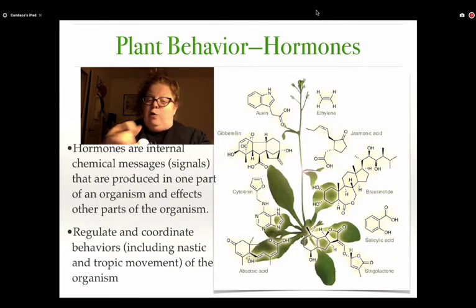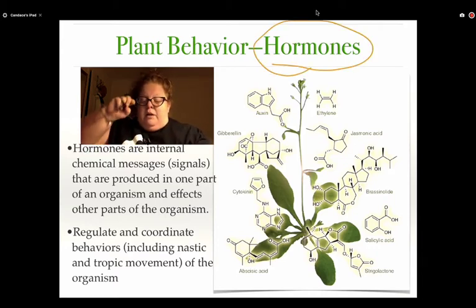And so on the note of those chemicals, we're going to talk about what leads to some of these plant behaviors that we've been discussing. And those are hormones. Hormones exist not just in plants, but in all kinds of living things, and essentially they're an internal chemical signal.